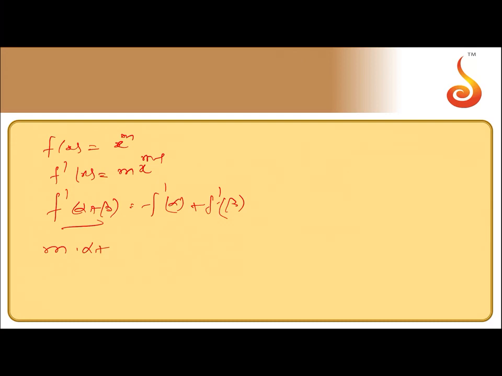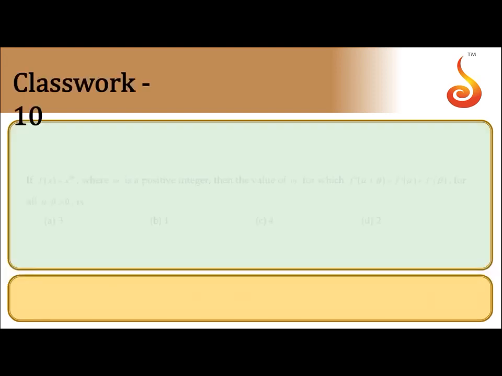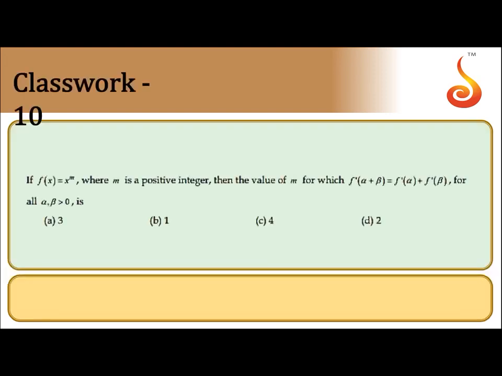Clearly by substituting, I hope we'll be getting alpha plus beta to the power of m minus 1, m multiplied by alpha to the power of m minus 1 plus m multiplied by beta to the power of m minus 1. And clearly m is found by substitution, of course option-wise you have 3, 1, 4, 2.